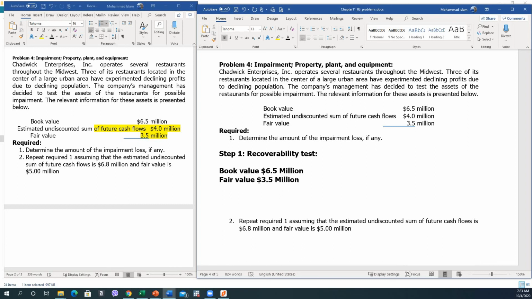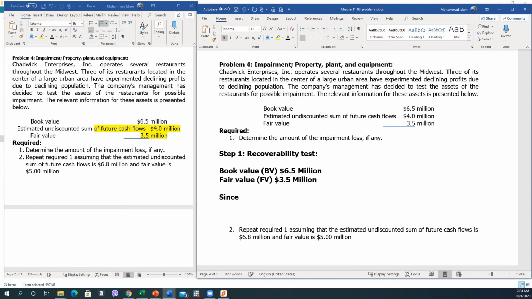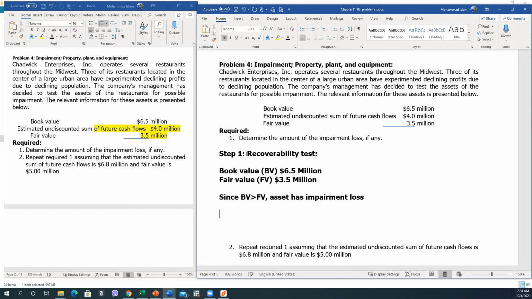So what we can see is this is the book value and this is the fair value. Since the book value is greater than the undiscounted cash flows, the asset has an impairment loss. This is step 1.